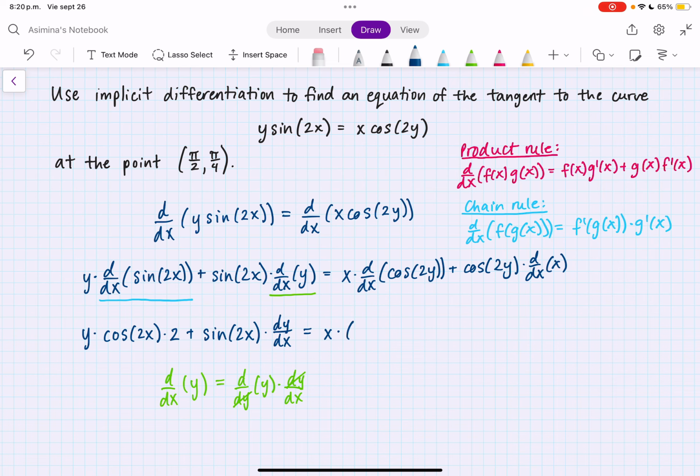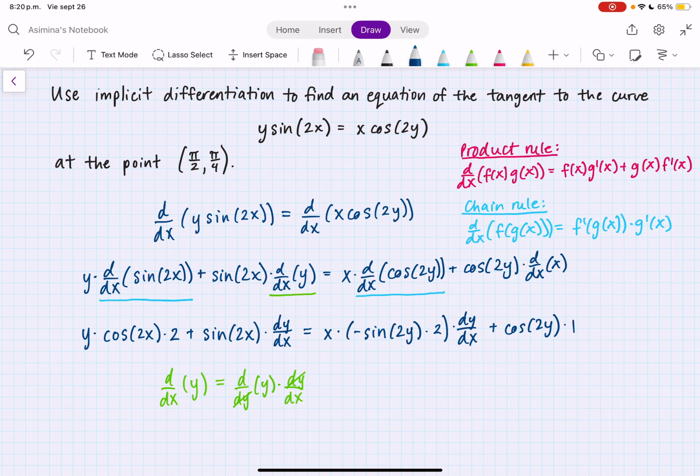So this becomes minus sine of 2y times the derivative of the inside function, 2y, which is just 2. And then we have to multiply by dy dx. So that's this part here. Moving forward, we add cosine of 2y times d dx of x, which is just 1.